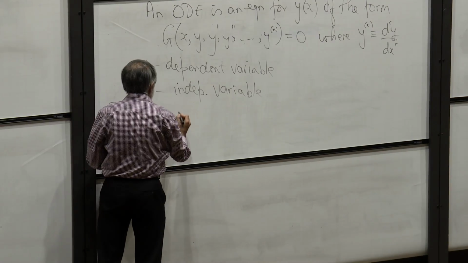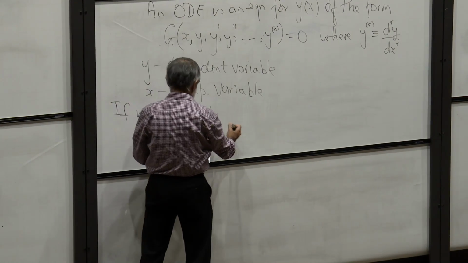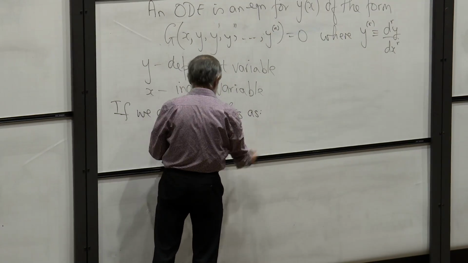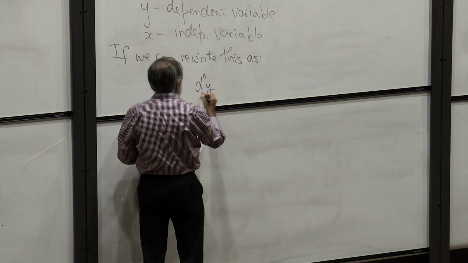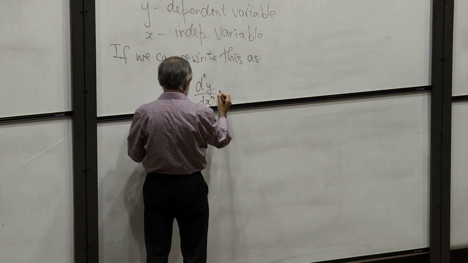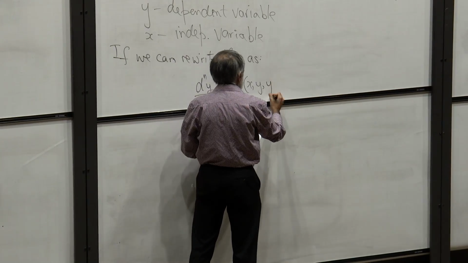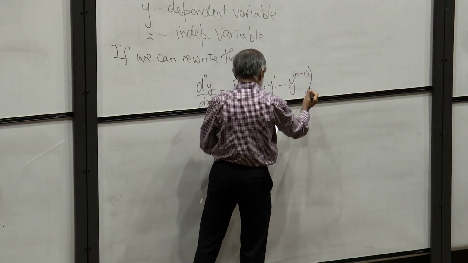We can rewrite this as d^n y by dx^n equals some f of x, y, y dashed, up to y^(n-1).